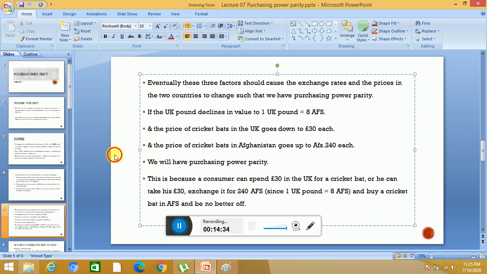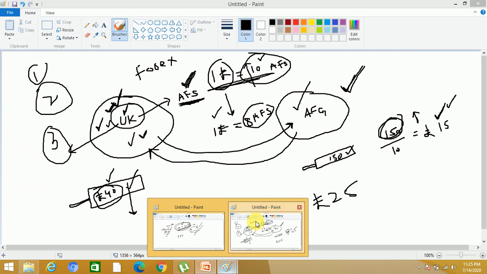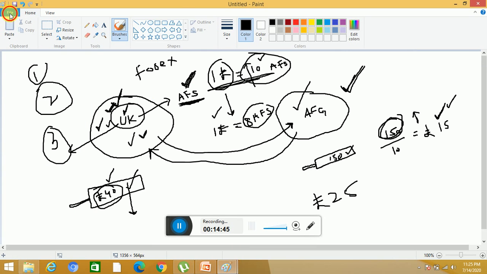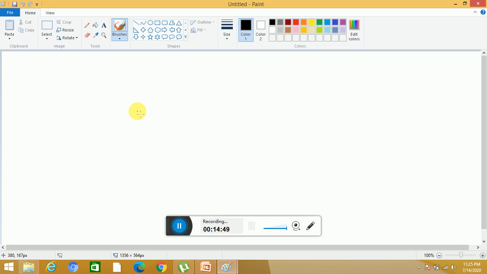The second thing, the price of cricket bats in the UK goes down to 30 pounds. I will make another sketch. Now in the UK, the price of a cricket bat comes down to 30 pounds. Previously it was 40 pounds.